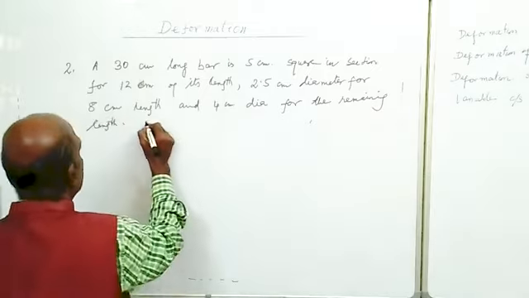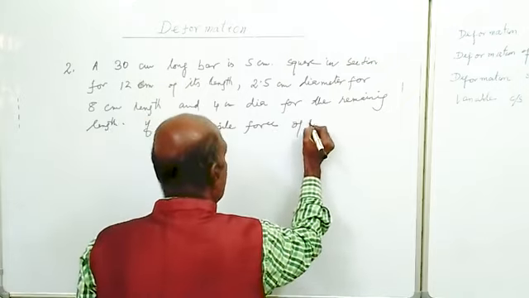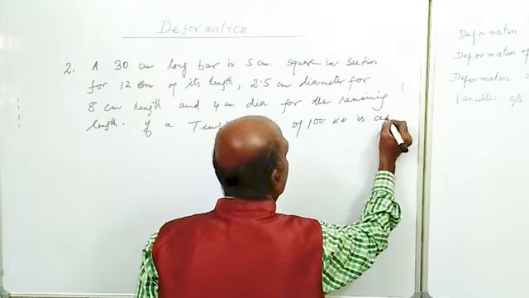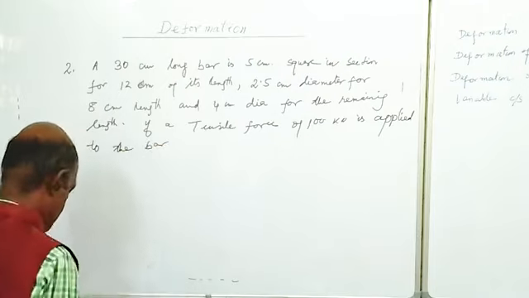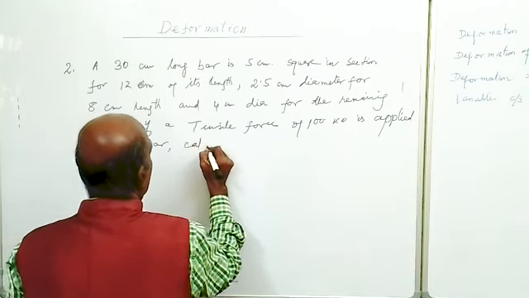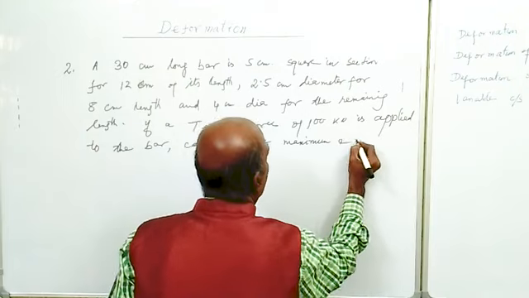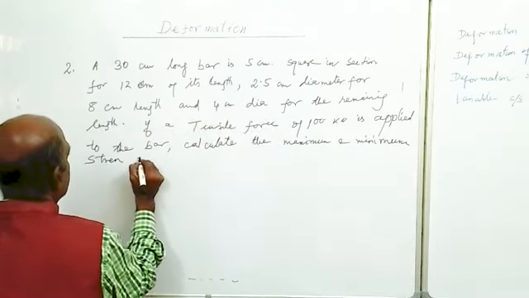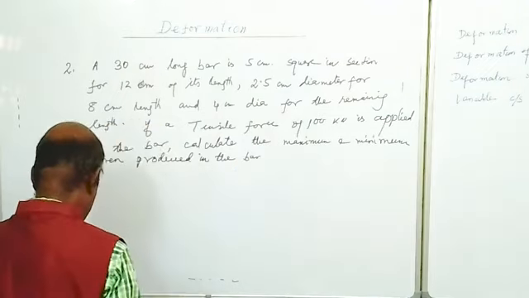If a tensile force of 100 kilonewton is applied to the bar, calculate the maximum and minimum stress produced in the bar, and the total elongation.